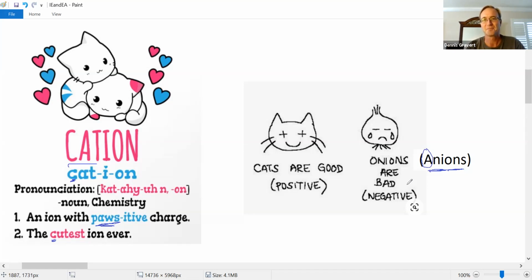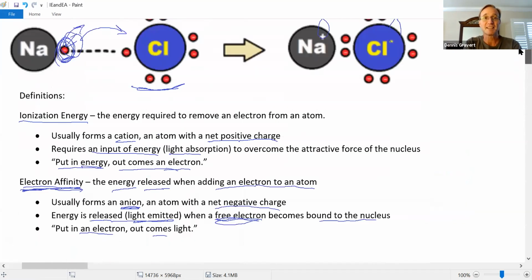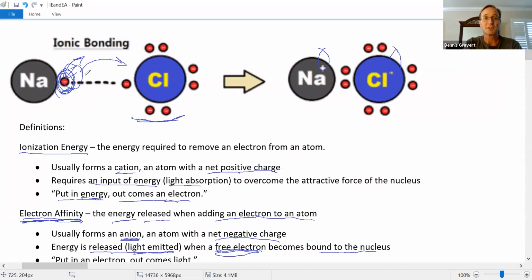I tell my students, another way to remember all this is to think about ionization energy. The sodium wants to kick out an electron. Electrons are negative. So if you kick something negative out of your life, you're more positive, right? So life is better when you get negative things out of your life. So that's another way to remember.